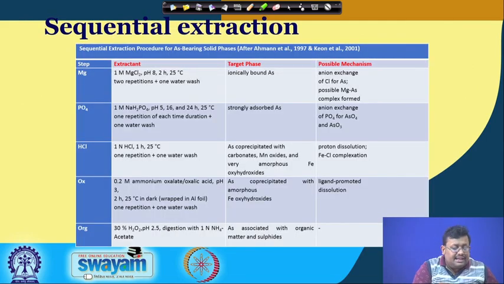You can see there are 5 different pools of arsenic. One is ionically bound arsenic, then strongly adsorbed arsenic, then arsenic co-precipitated with carbonates, manganese oxide and very amorphous iron oxyhydroxides, arsenic co-precipitated with amorphous iron oxyhydroxide, and arsenic associated with organic matter and sulfides, and we measured them individually.